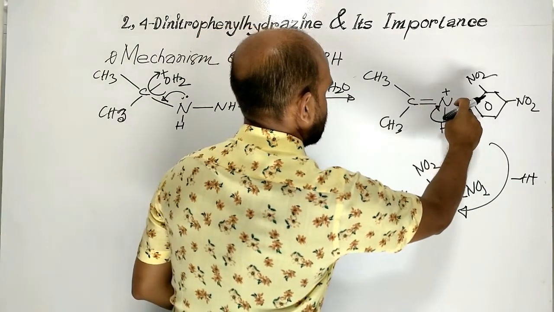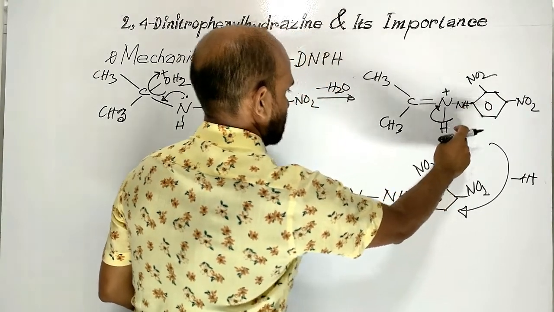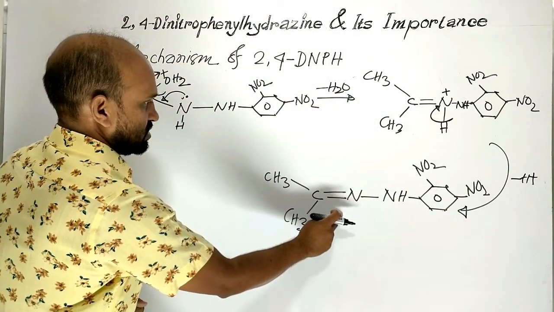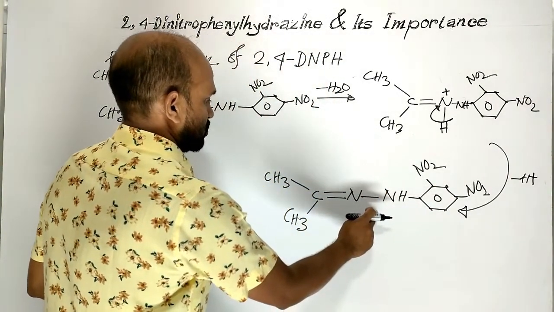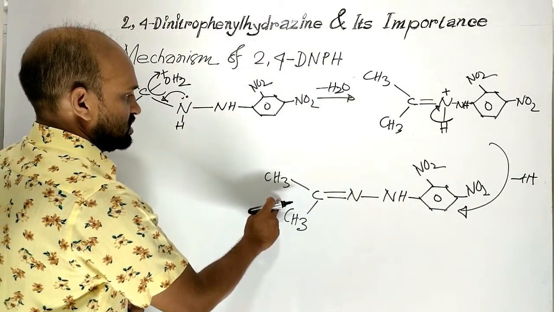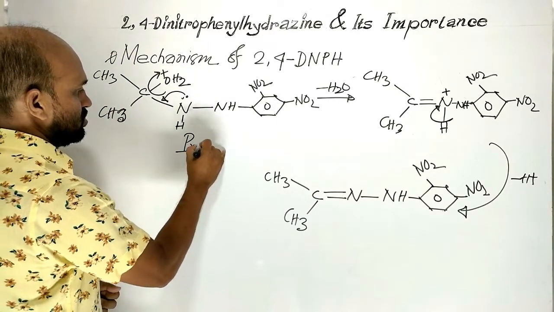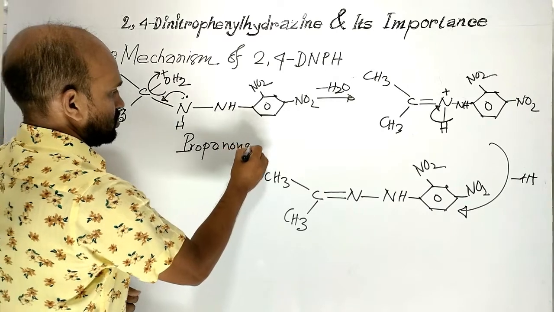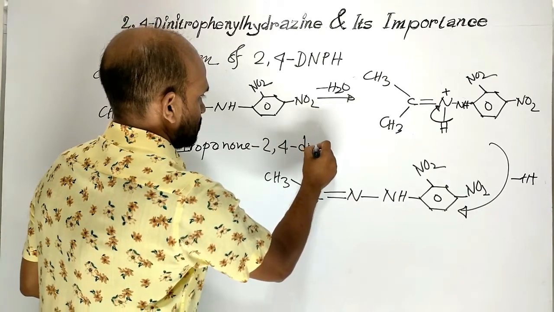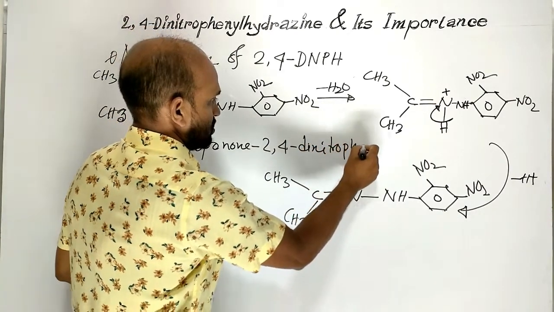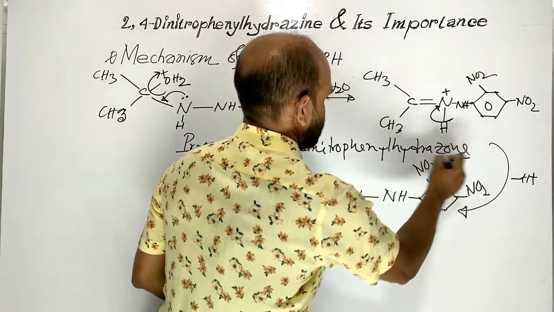Here there will be nitrogen hydrogen, here nitrogen and hydrogen, then finally this is obtained, that is 2,4-dinitrophenylhydrazone. But before this it came from propanone, so its name will be propanone 2,4-dinitrophenylhydrazone.